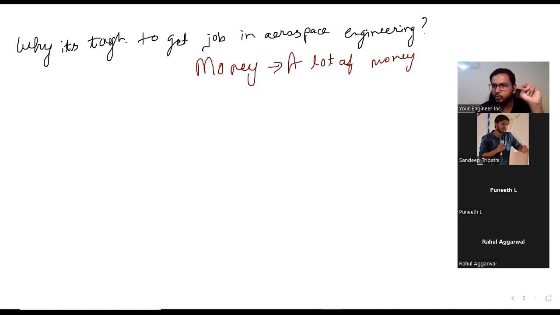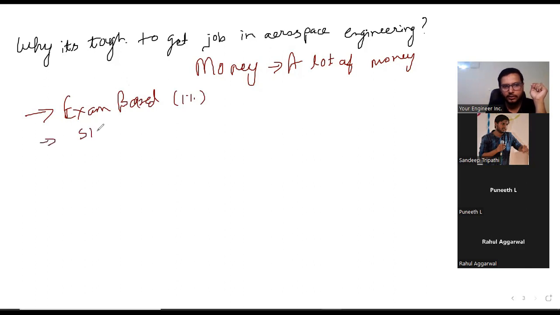There are two ways to go. In India there are two ways; abroad, there is only one way. There are two ways to get a job in aerospace engineering. One is called exam based, which is 1%, and then skill based, which is 99%.